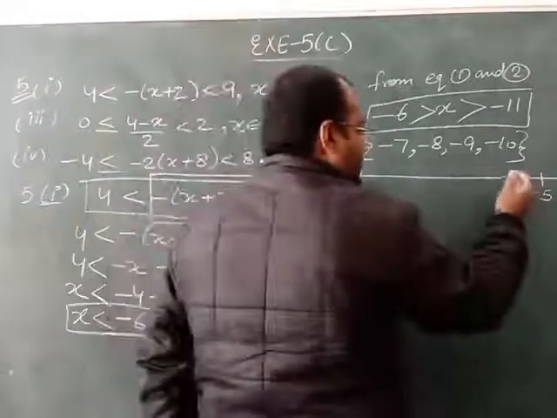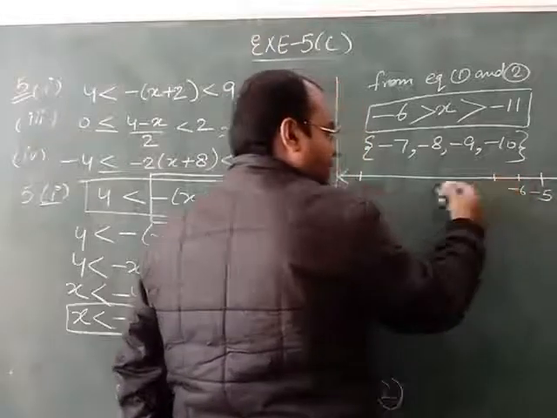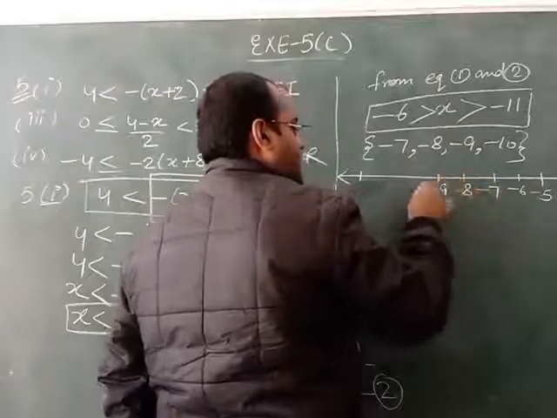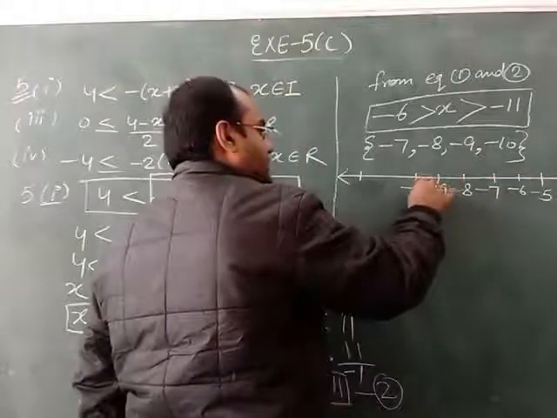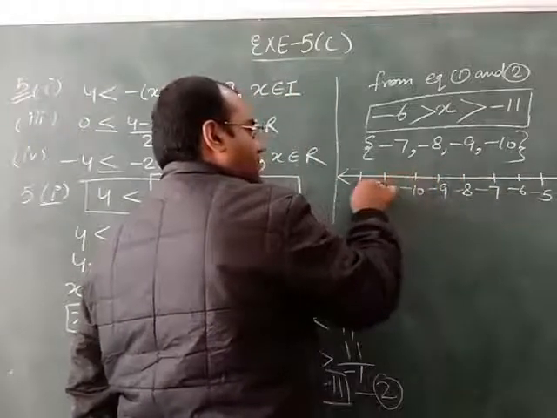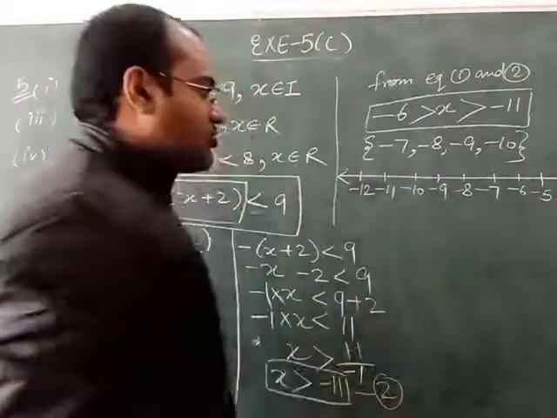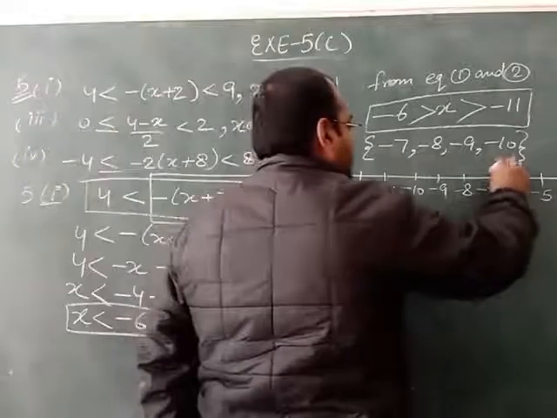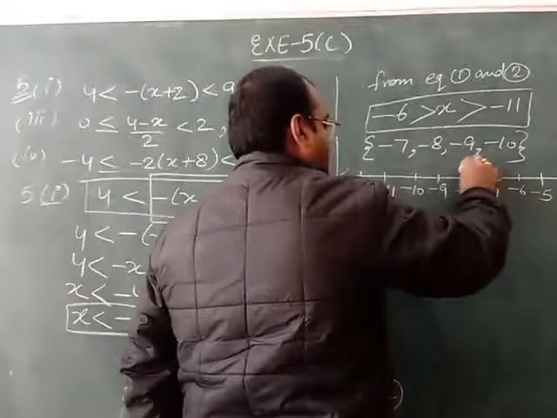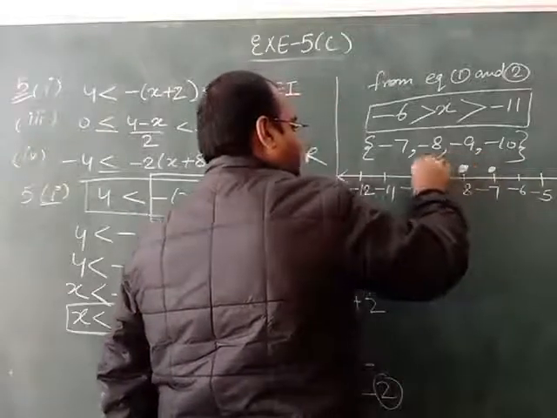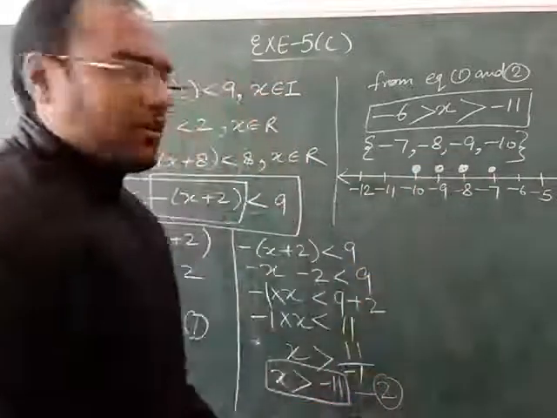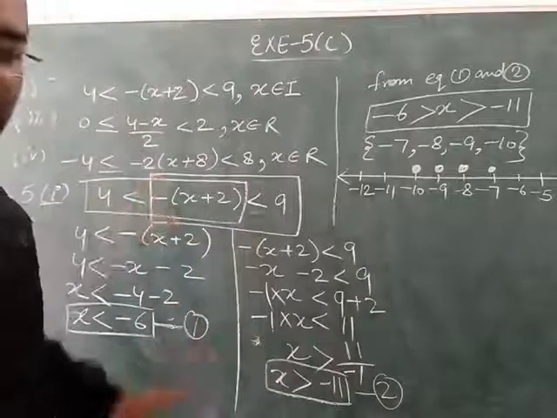Minus 5, minus 6, minus 7, minus 8, minus 9, minus 10, minus 11, minus 12. So we have to show the integers: minus 7, minus 8, minus 9, minus 10. So this is your final answer of this question number 5, first part.